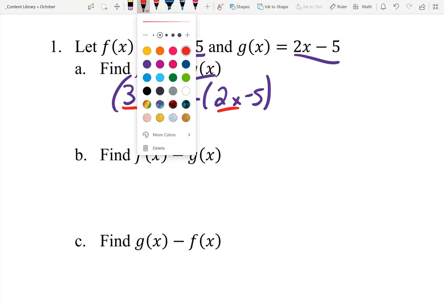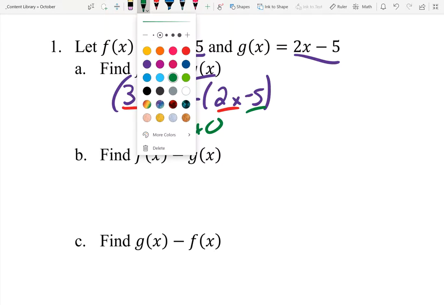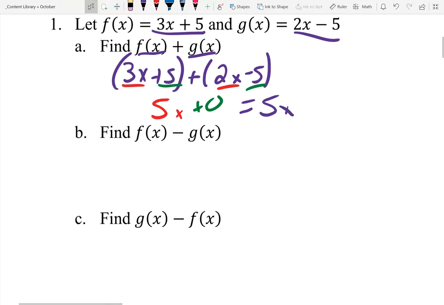And then we have other like terms we can combine as well. We have 5 plus negative 5. In this case, 5 minus 5 is 0. So ultimately our answer is just 5x, because 5x plus 0 is the same thing as 5x.